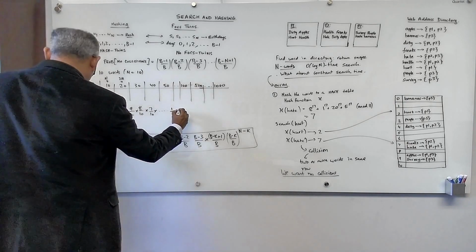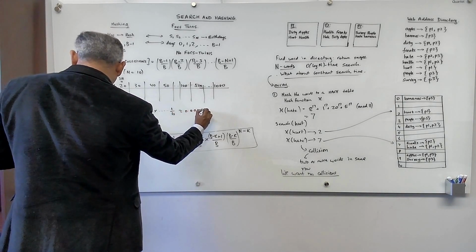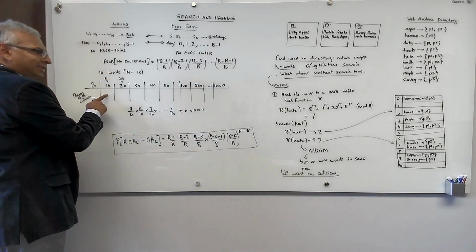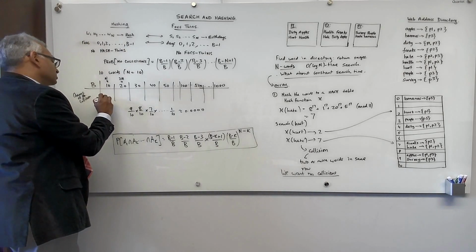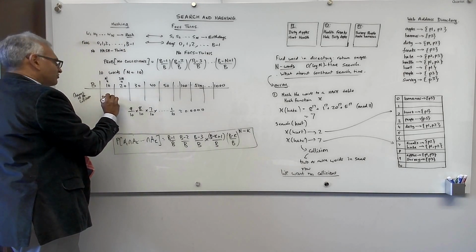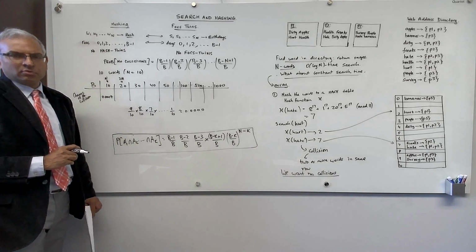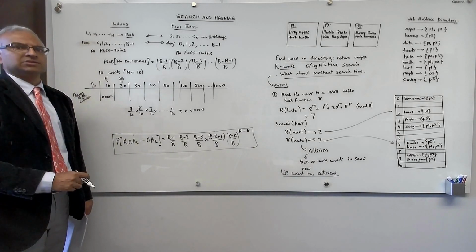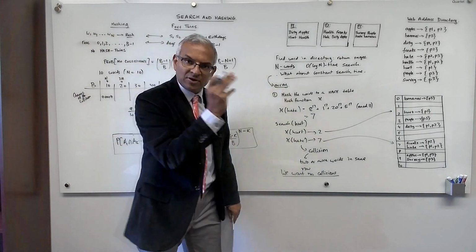This number is approximately equal to 0.0004. So the chances of no collision is basically 0.0004. It's overwhelmingly likely that you will have at least one collision. And we're being very strict. We want no collisions so that no matter what you search for, it's going to be very efficient.